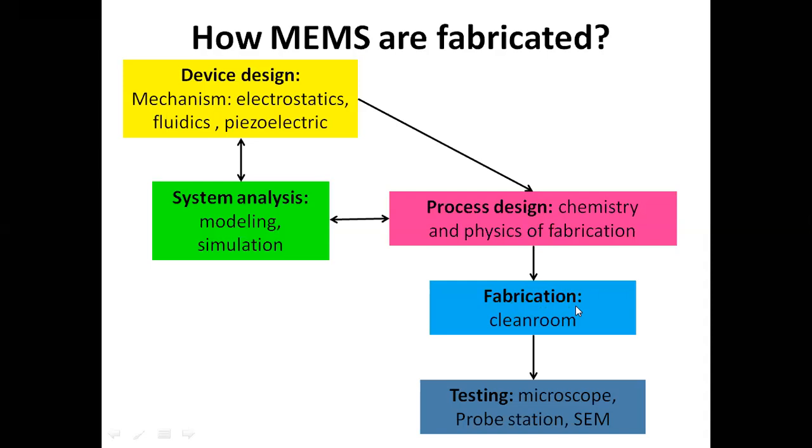And normally the microfabrication or MEMS fabrication is done in the clean room. A clean room is the place which is free from dust and dirt because we are fabricating on a very small scale, micro scale, nano scale, and the minimum size of a dust particle ranges from 1 micrometer to 5 micrometer, 10 micrometer.